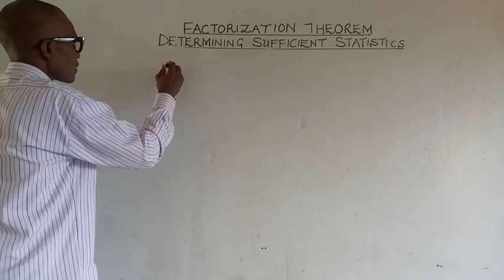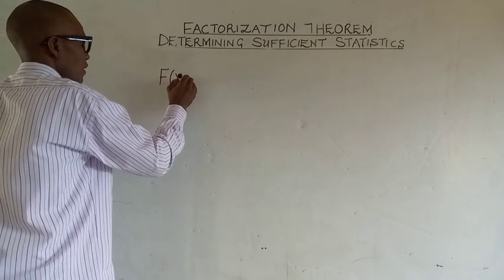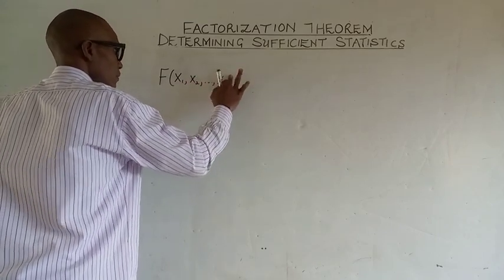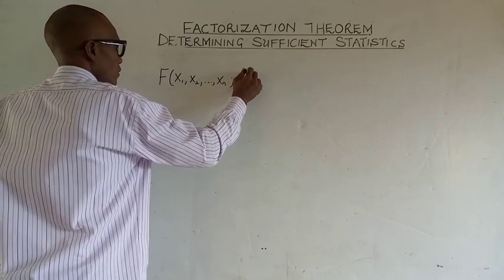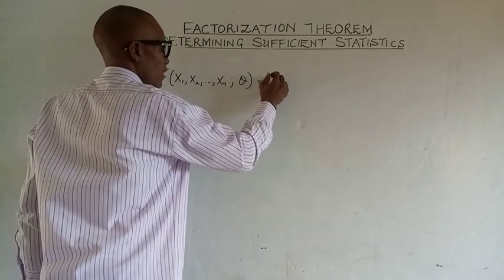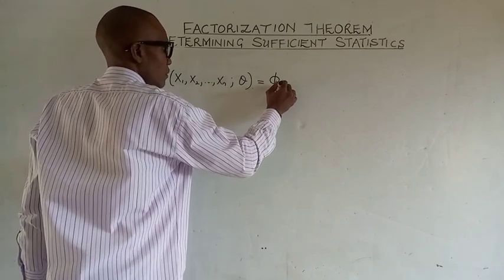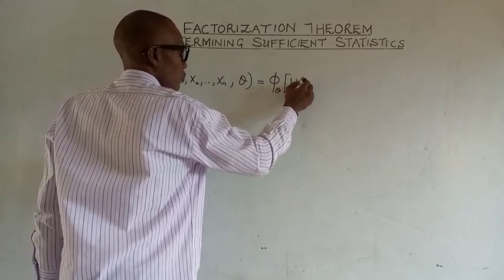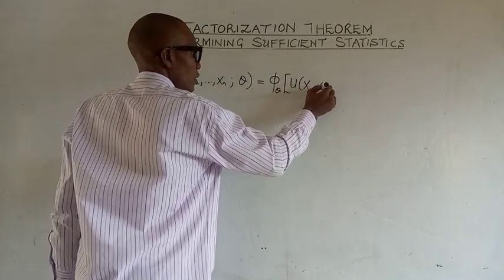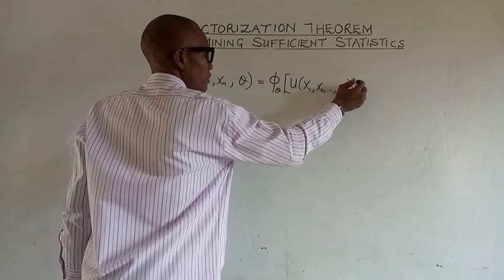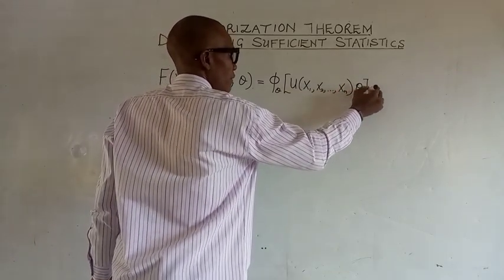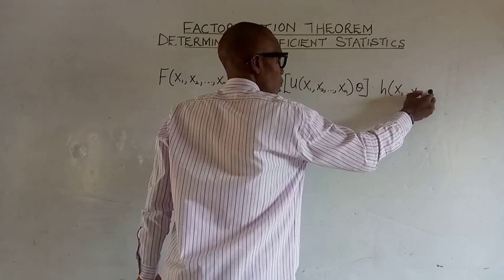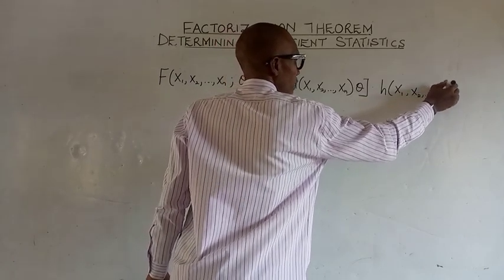That is, x1, x2, xn. If it can be factored out into this, x1, x2 to xn, and this becomes the parameter, and h of x1, x2 to xn.